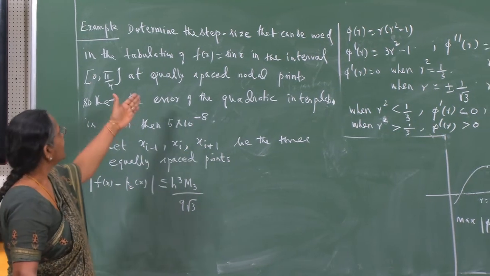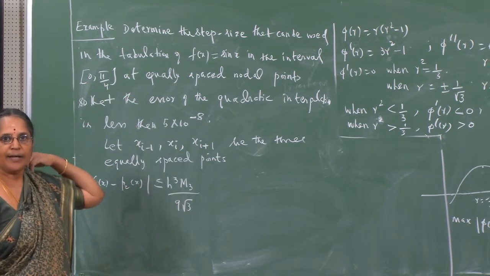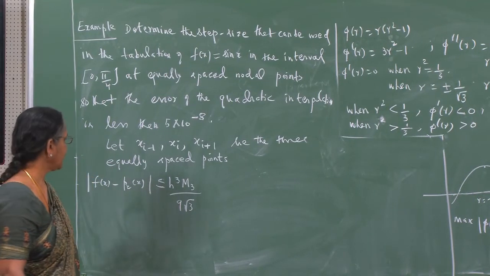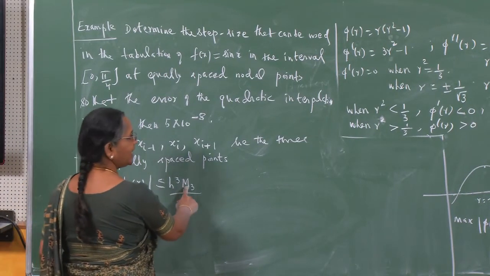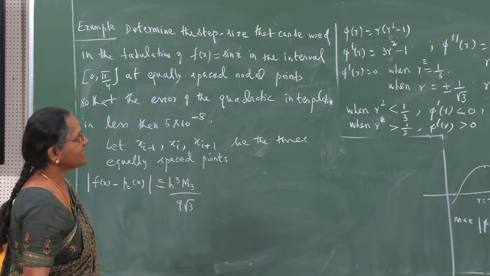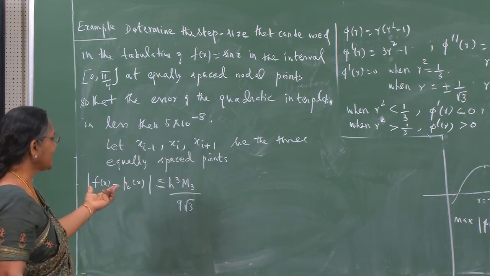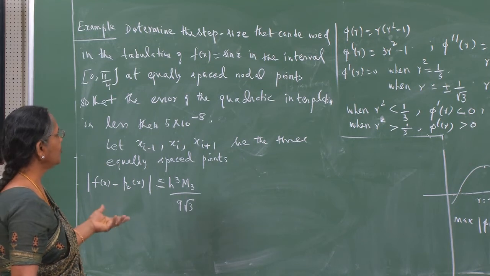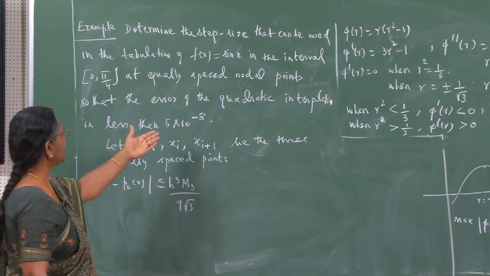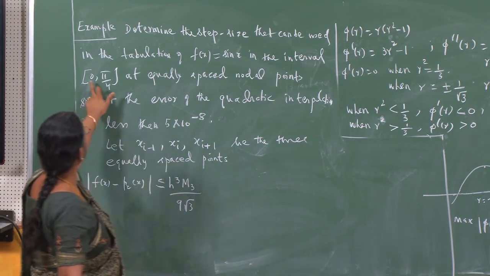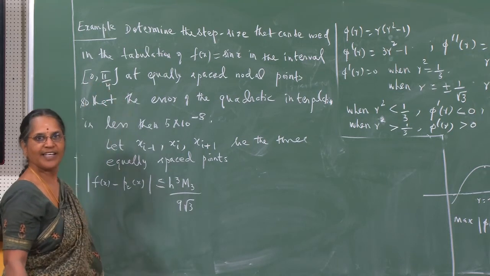So that I satisfy the requirement given in the problem, I require M3, the third derivative of sin x in absolute value, to be less than or equal to 1 in the interval 0 to pi by 4. That is clear.